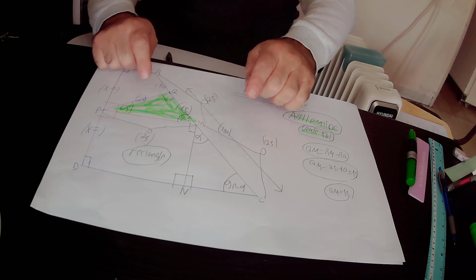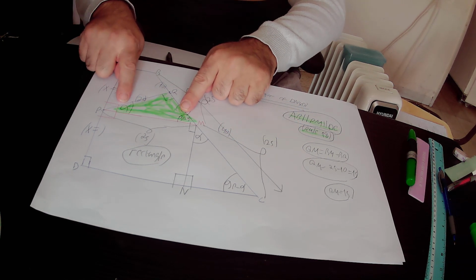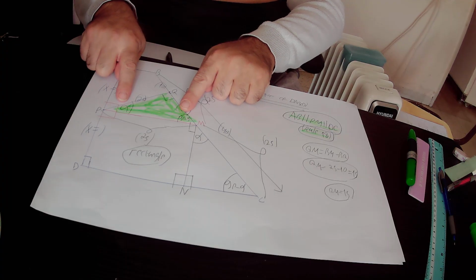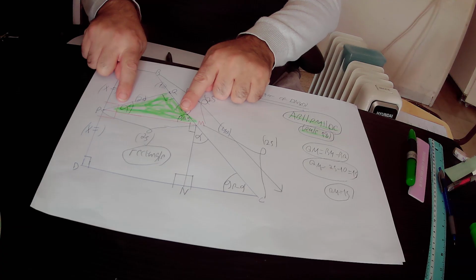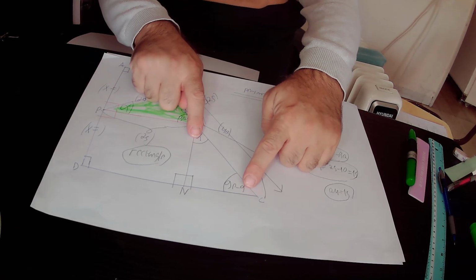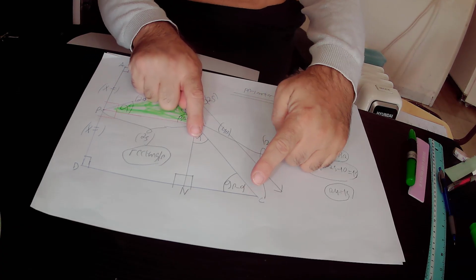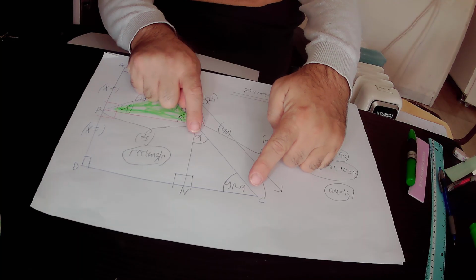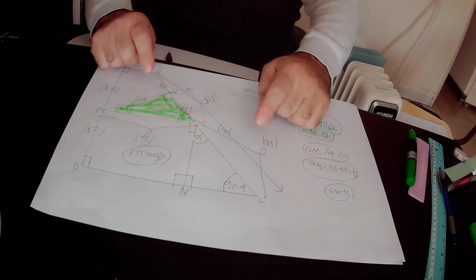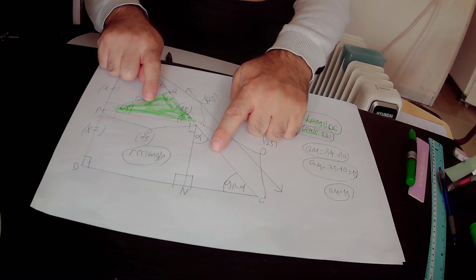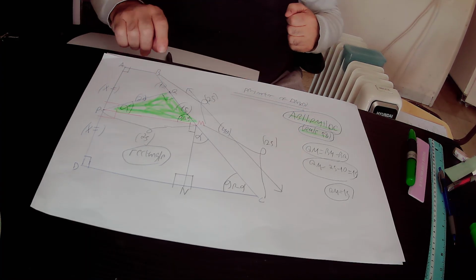That is to say, we actually prove that those two angles and the side that is included between those two angles, that is side PM, of this green right triangle PQM are correspondingly equal to those two angles and the side that is included between those two angles, that is side MC, of this right triangle MNC. Therefore, those two right triangles can go into each other according to the angle side angle rule. So I write it down.